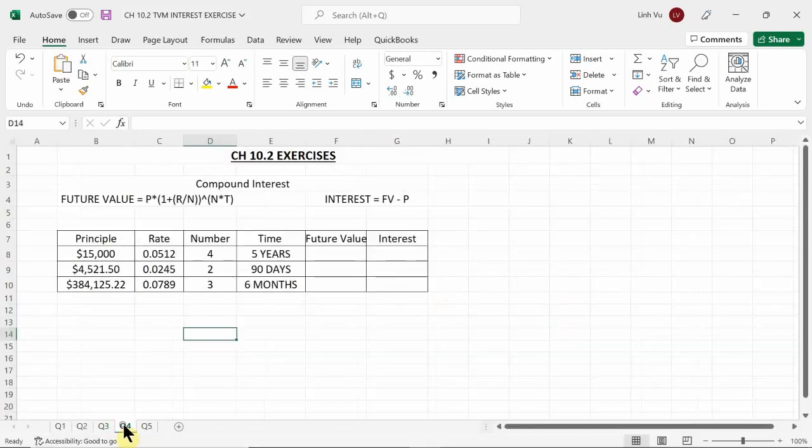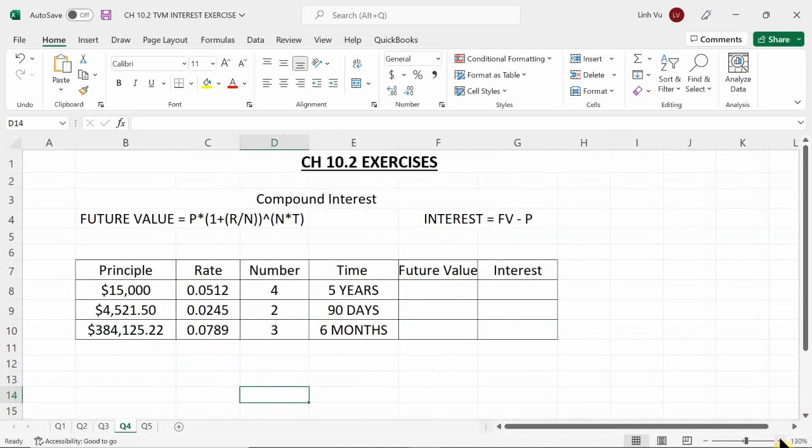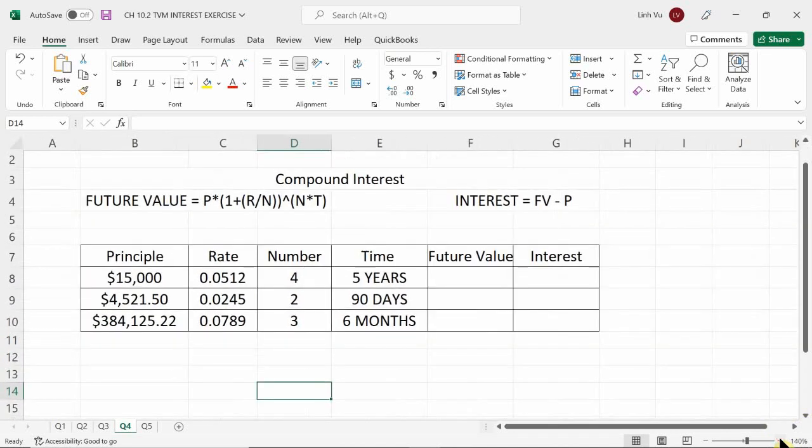So let's do question number 4 here. Now we're going to use this so we can compare and contrast the difference between the simple interest and the compound interest, because it's the exact same numbers. The only difference is now I get compounded. I get the interest calculated multiple times.